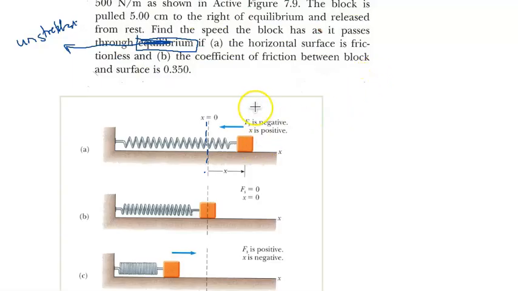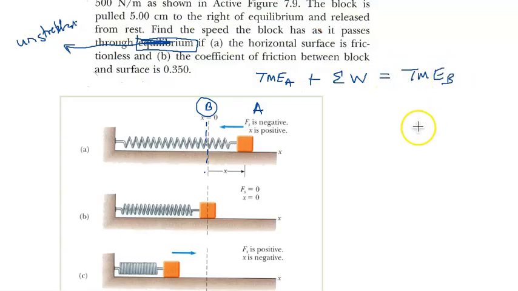Okay, so we're going from point A to point B again, but this time there is energy loss. So we're going to have TME at point A plus the sum of the work done by anything that will take energy away from the system or put energy into the system equals TME at point B. All right, TME at A hasn't changed.